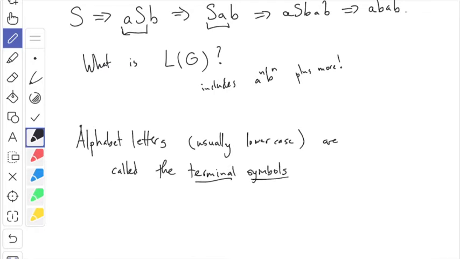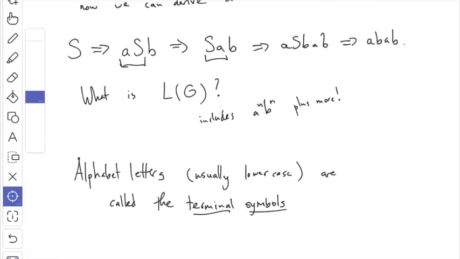The terminal meaning like at the end, all right? That's the sense of the word terminal I'm using here. When I look at a derivation like this, this is the end of the derivation, and it's over. It's really over because all the stuff here, you can't substitute any more stuff over here, all right? So those are called the terminal symbols. They're the ones that you can't make any more substitutions out of.